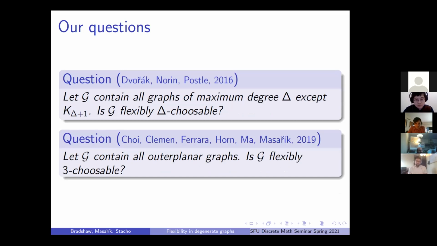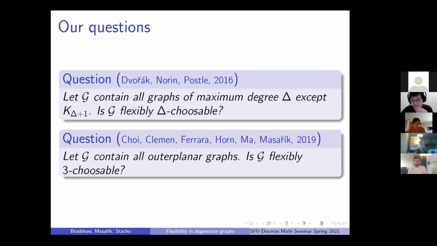And the reason this is a special case of the degeneracy question is because this graph class G, the way it's defined here, contains all non-regular graphs of maximum degree delta, and those non-regular graphs of maximum degree delta are delta minus 1 degenerate. So an answer of yes to this question would answer a special case of the degeneracy meta question.